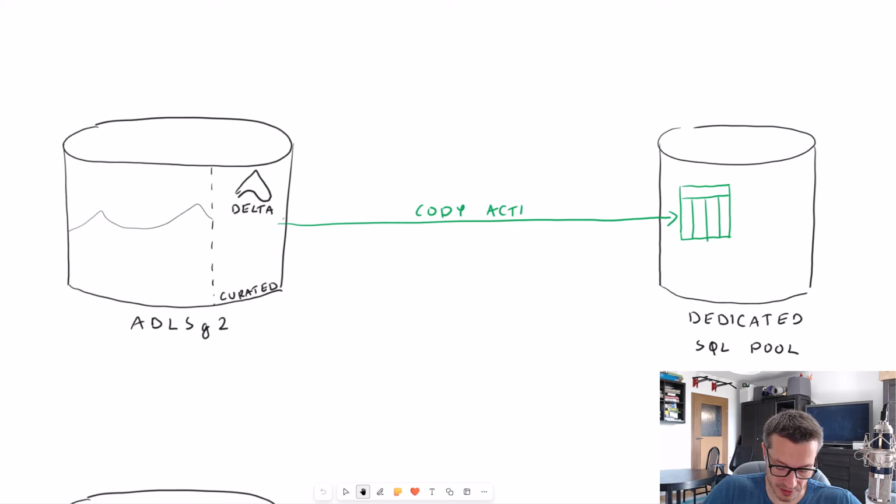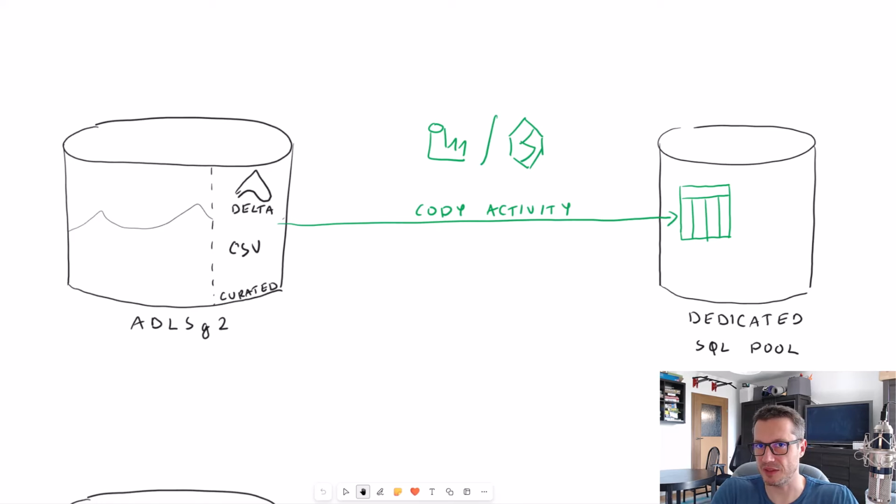So copy activity will be used that is available in Synapse and Data Factory. But we know already that to make it work, we have to use a different format because Delta is not supported. So let's do this with CSVs. That's fine. And see what options we'll have with CSVs.